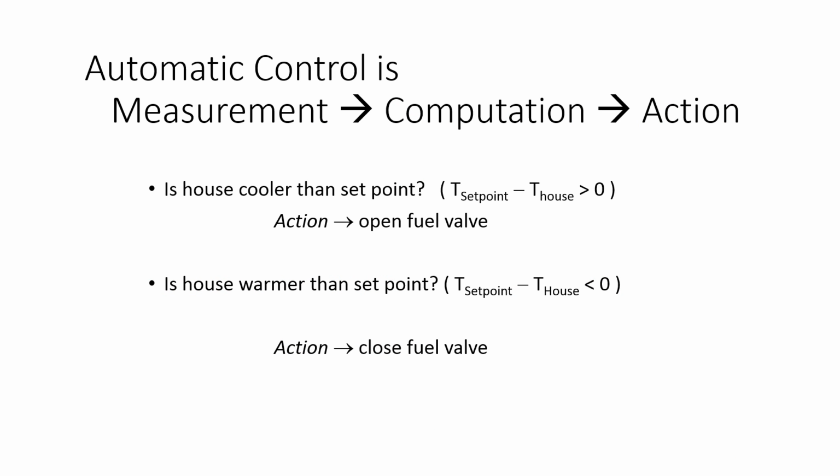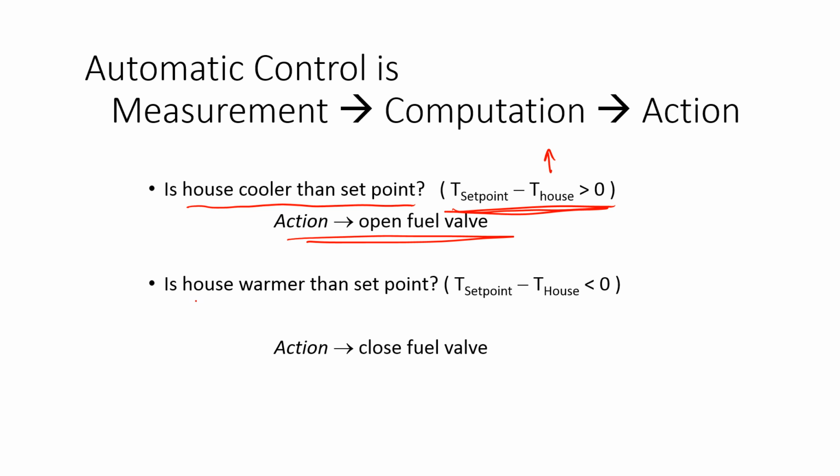Okay, so when we think about automatic control, you could either have your furnace in your home that you turn on or off manually, or you can set up a controller that senses the temperature. If the house is cooler than the set point, then the error is greater than 0, and we are going to open the fuel valve to increase the home temperature to get up to our set point.